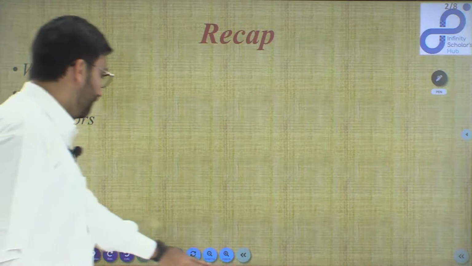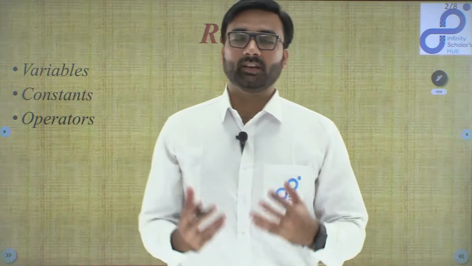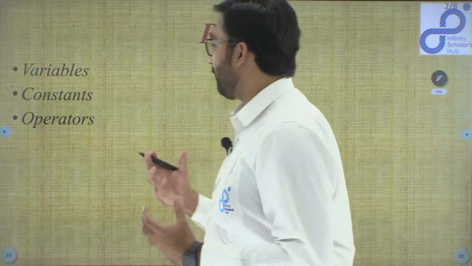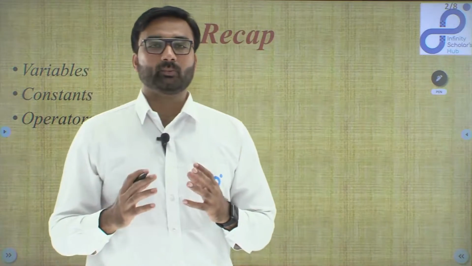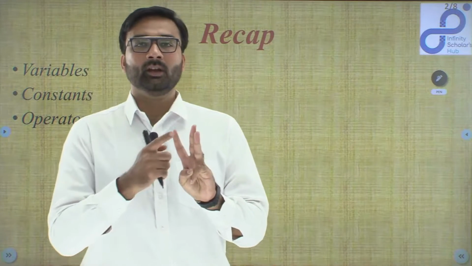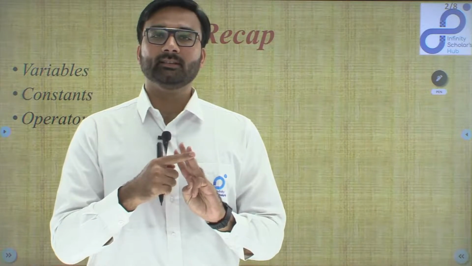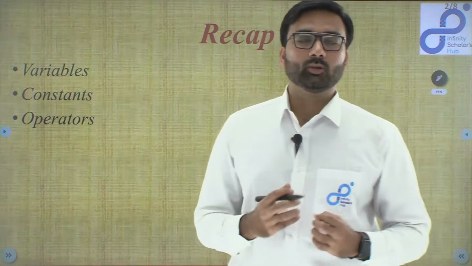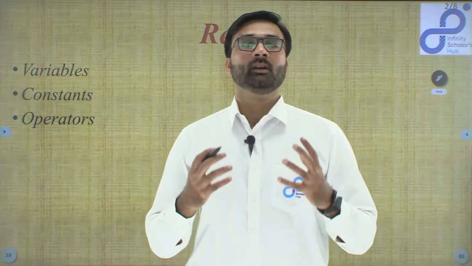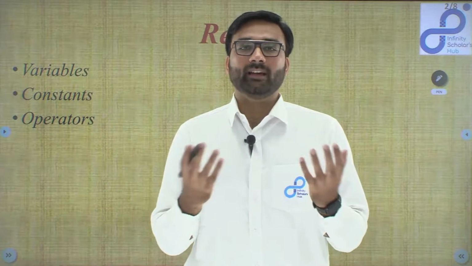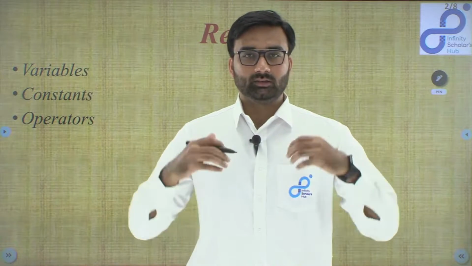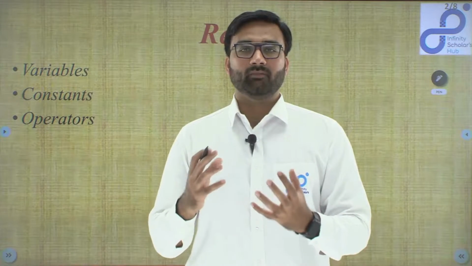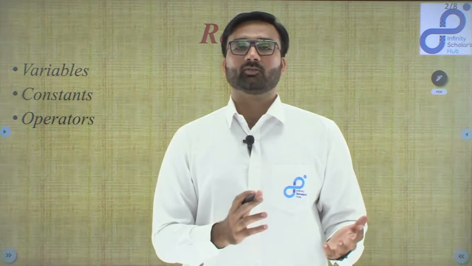First of all, we will be understanding what are variables, what are constants, and what are operators. Before that, our algebraic expression is made up of just three things: variables, constants, and terms. Variables are something whose value is not known, or whose value can vary. A value of a variable keeps on varying, that is why it is called a variable.